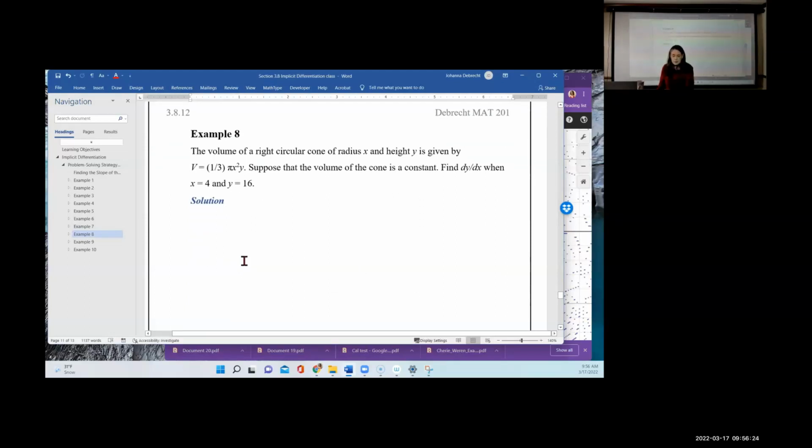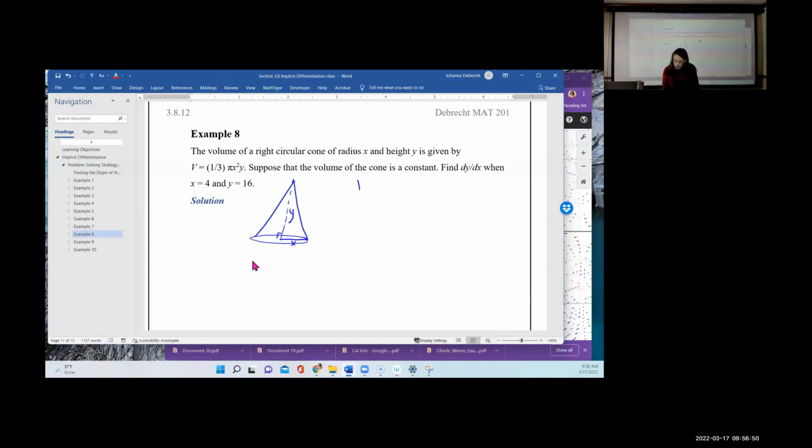Okay. Let's look at example 8. We're looking at the volume of a right circular cone of radius x and height y. So when we're thinking about this, we can think about this as a cone like this, and it has radius of x, and it has height coming down from the top, and the height is y.